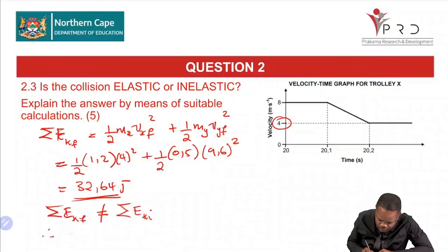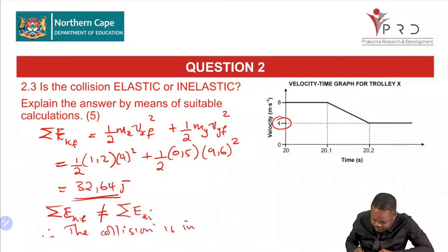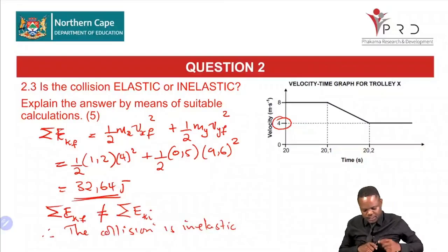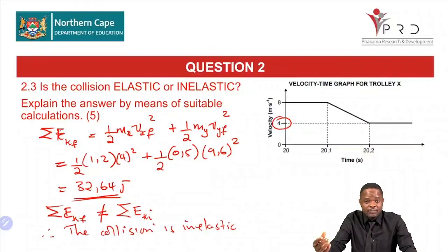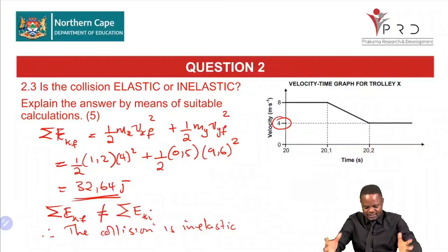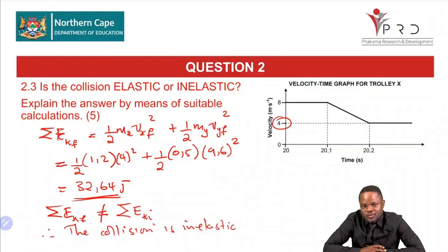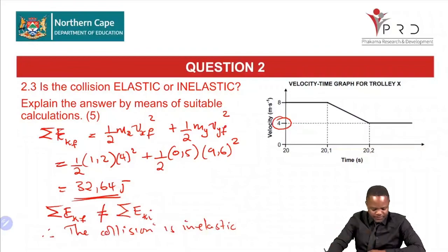Therefore, the collision is inelastic. So that is the calculation we needed to prove that. As long as the sum of the initial kinetic energy is not equal to the sum of the final kinetic energies, our collision is inelastic. I hope you see what we did there, grade 12.